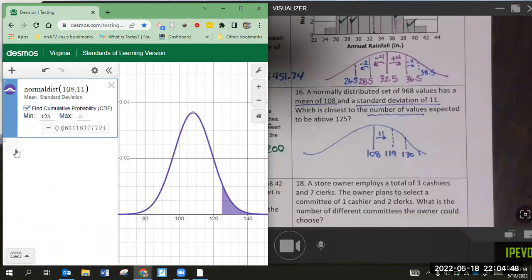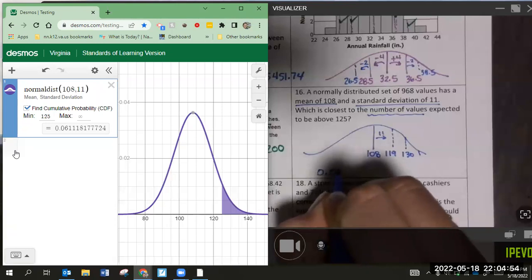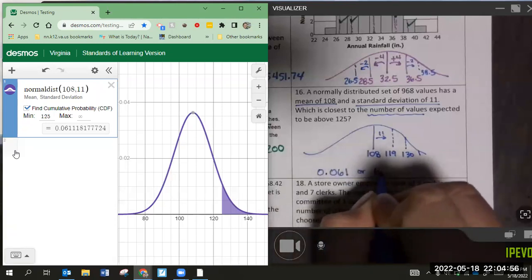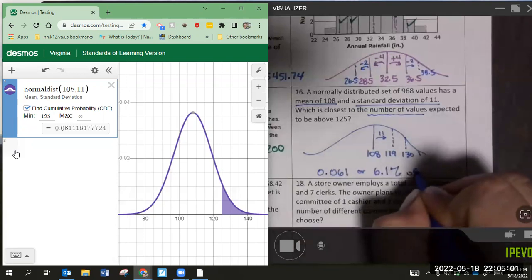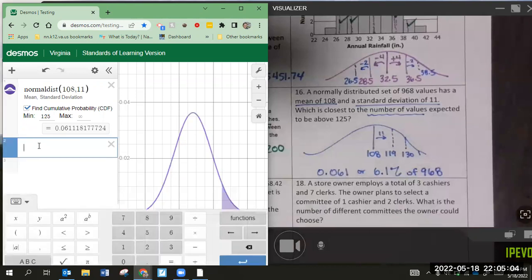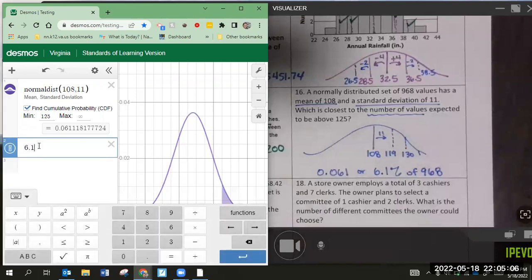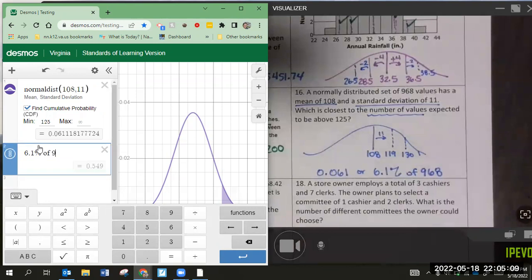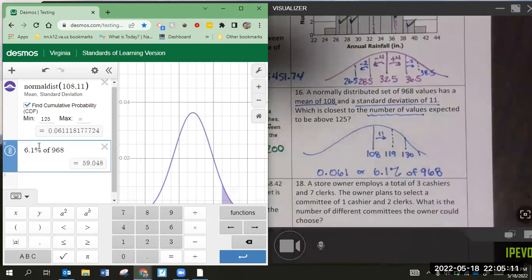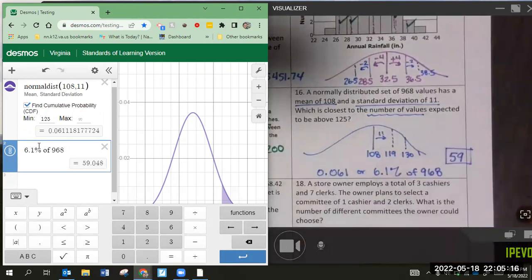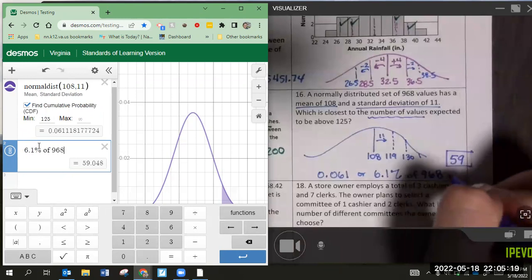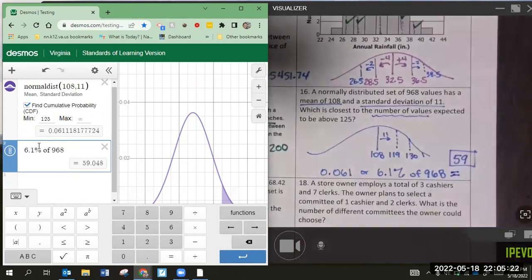And we're going to get 0.061, or if you want that as a percent, 6.1% of our 968 data values. So it's about 59 data values that are expected to be above 125.